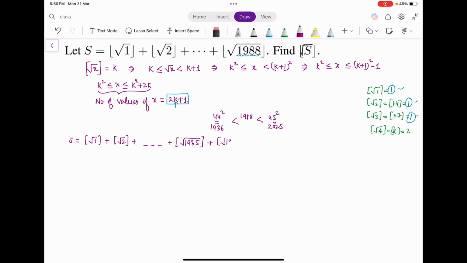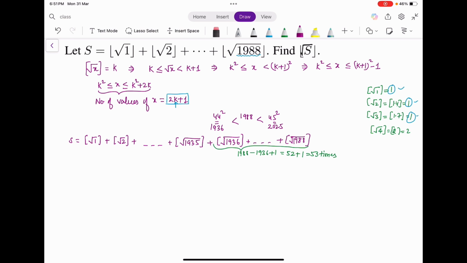After that comes 1936, which is a perfect square, 44 square. So its greatest integer after the square root will be 44, and it will continue till 1988. Even for 1988, the value will be 44 point something only. So from here to here, all are giving you 44, 44, 44. But how many times? That is 1988 minus 1936 plus 1 times. That comes out to be 52 plus 1, 53 times I am going to have 44 here.